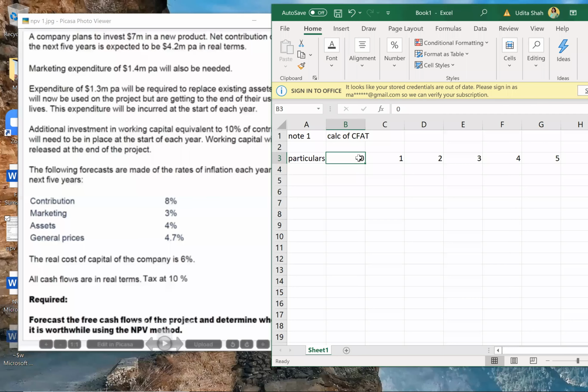See if this is understood. So try doing this. Start from your contribution, and try doing it till PBDIT. Let us check.